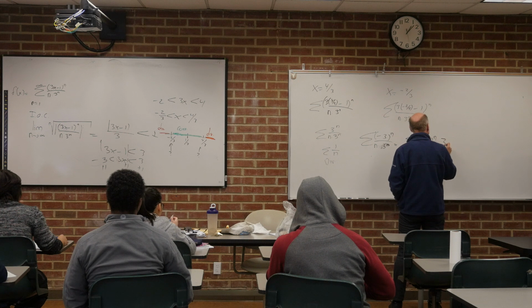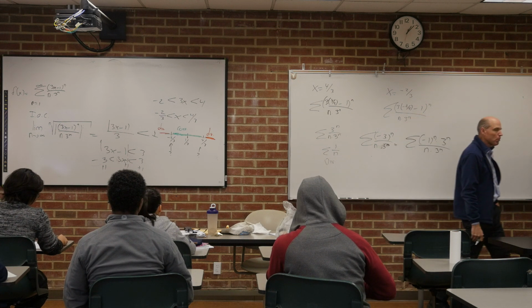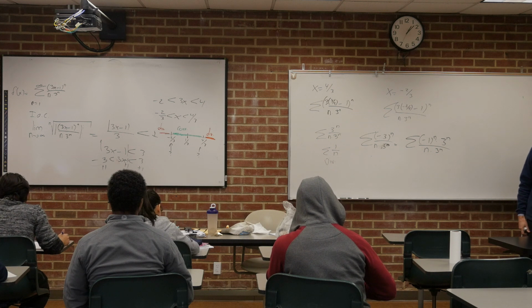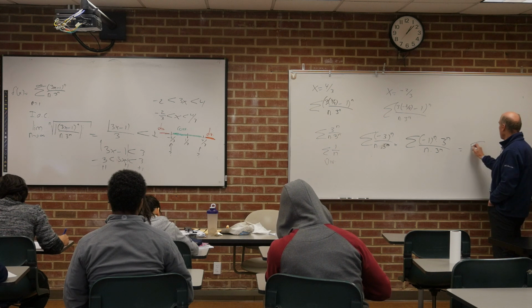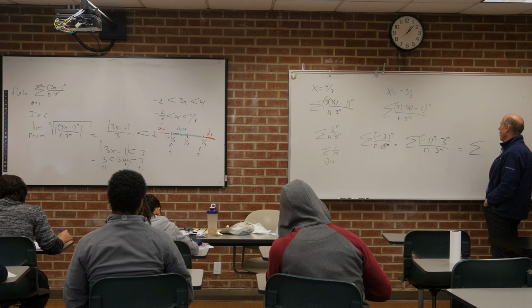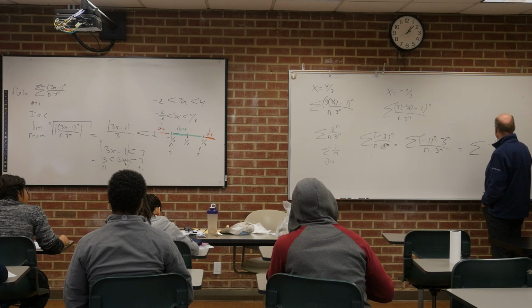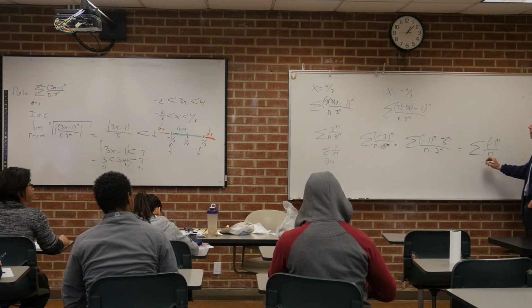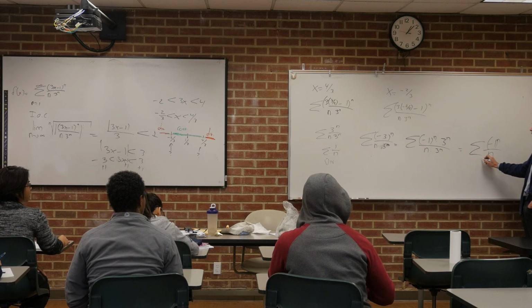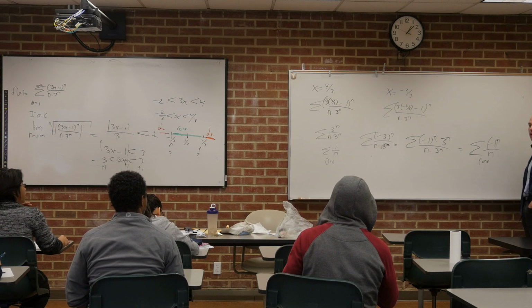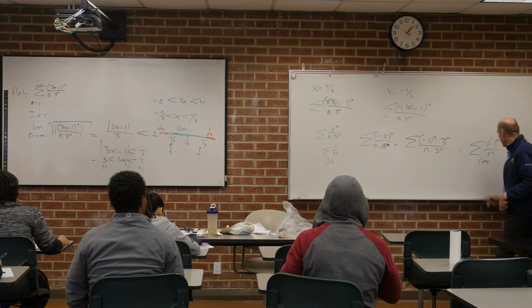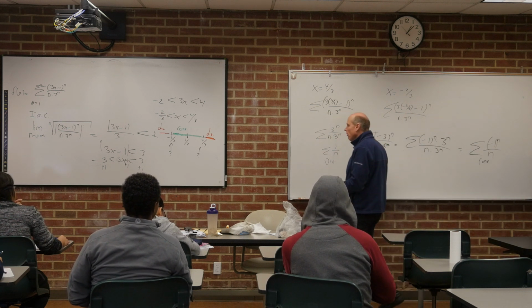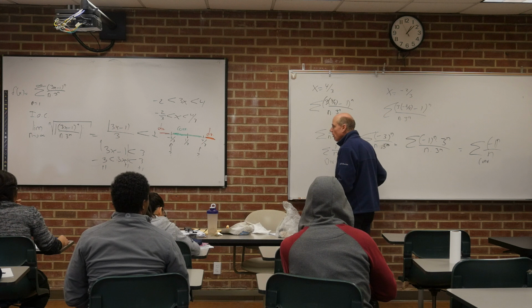Make it absolutely clear. I'll split it up into two factors, the alternator and the 3 to the n. And so now this is negative 1 to the n over n. Converge or diverge? Converges. So that's an alternating series, and by the alternating series test, that converges.